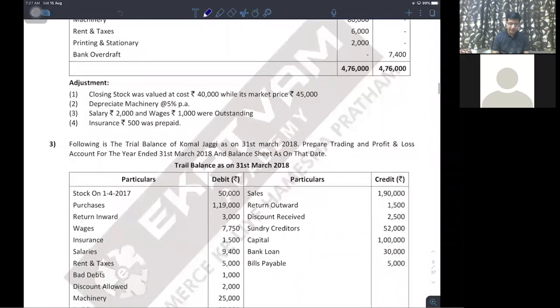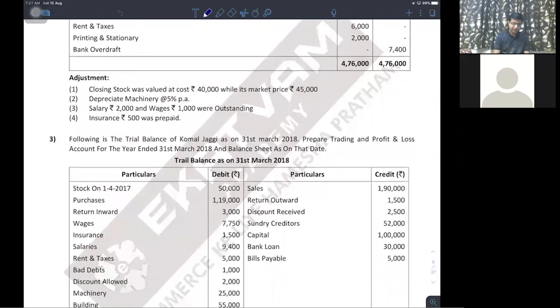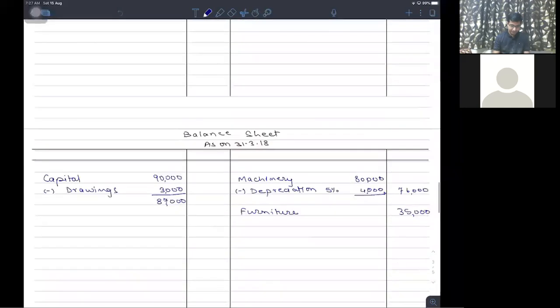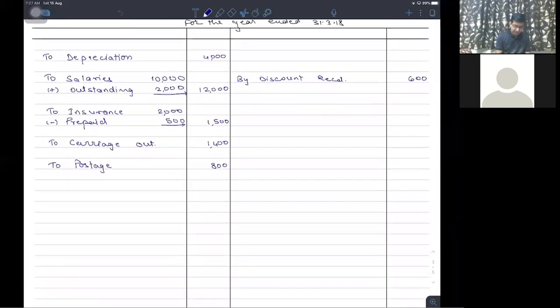Machinery 80,000, rent and taxes 6,000, printing and stationery 2,000. Both are the indirect expenses. So P&L account debit side, to rent and taxes.